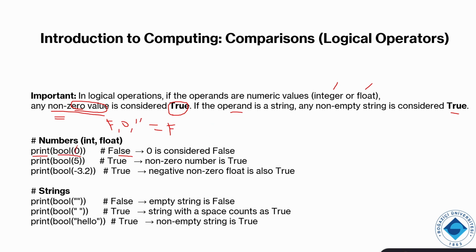In this case, as it is 0, it will return false. Here, number, it is true. Again, number, true. In the string, as I said before, if it is empty, it will return false. As it is empty, false. The second one is not empty because there is a space character here, so it is true. If we say print bool hello, it is again true because it's not empty.